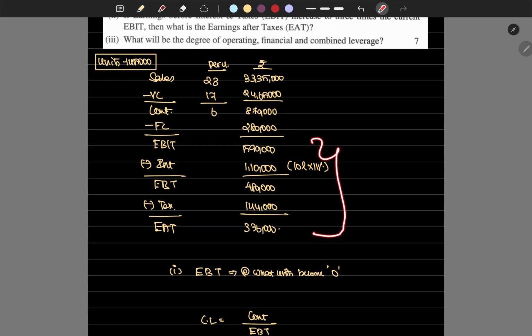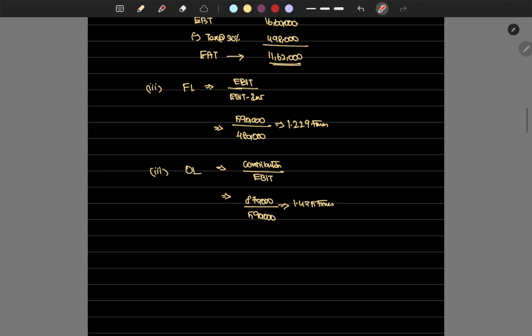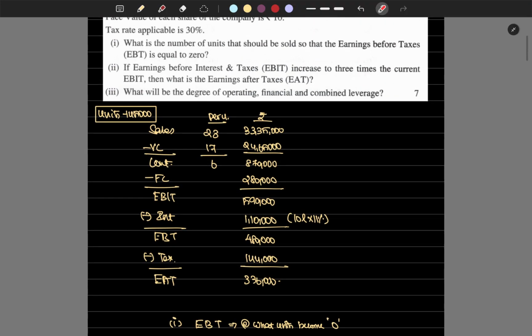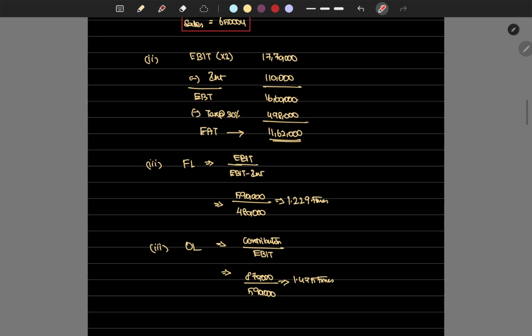We take the topmost item, EBIT, and the bottommost item, before tax, EBT. So EBIT divided by EBT is the financial leverage, which is 1.229 times.